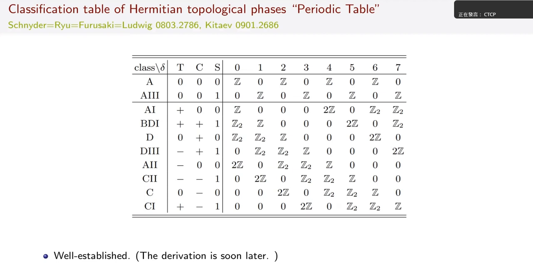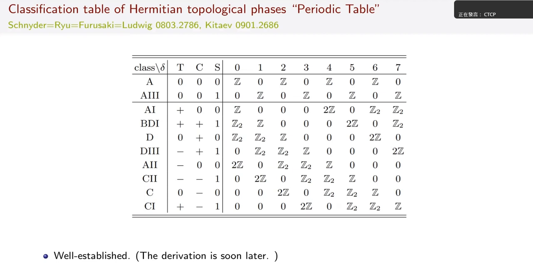But this is just one example. In the Hermitian case, we have 10 distinct symmetry classes, and depending on these symmetry classes and also on the spatial dimension, I have the topological classification. If the classification is Z, there is a Z topological number, and also related boundary phenomena.